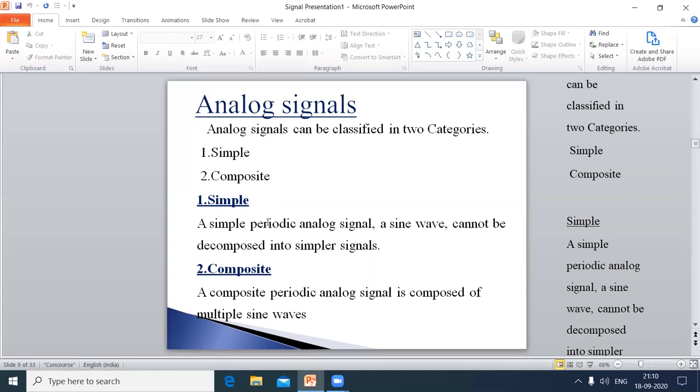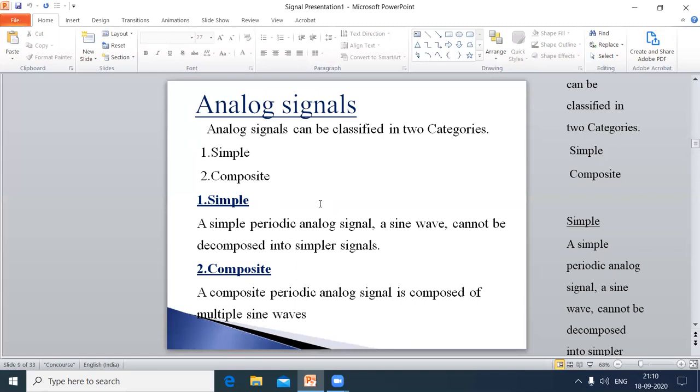Next one, composite signal. A composite periodic analog signal is composed of multiple sine waves. Okay. The difference between simple and composite: a simple signal cannot be decomposed.